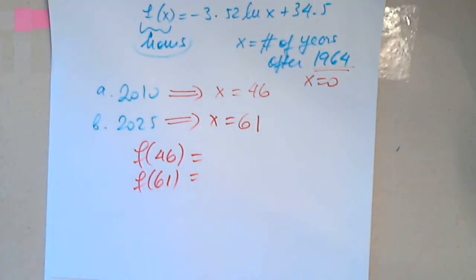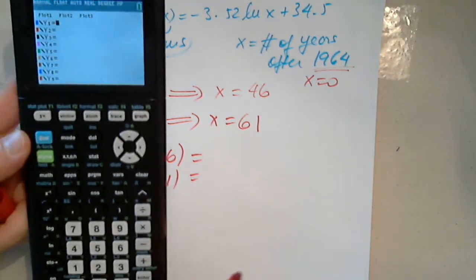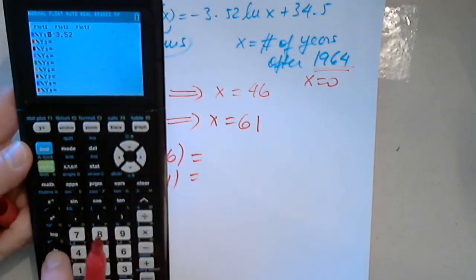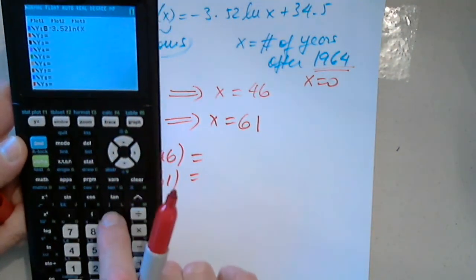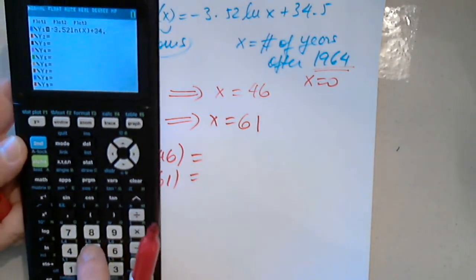So I'll have to put the function in the graphing calculator. Here it is. Clear whatever you had in there. So minus 3.52 natural log x, close the parenthesis, and plus 34.5.